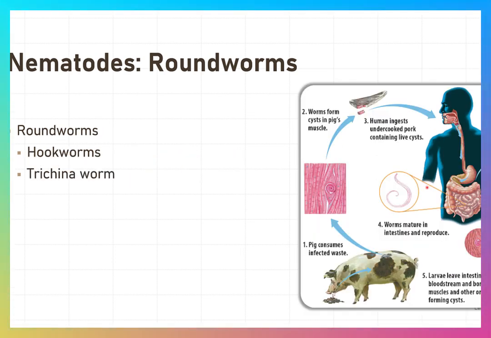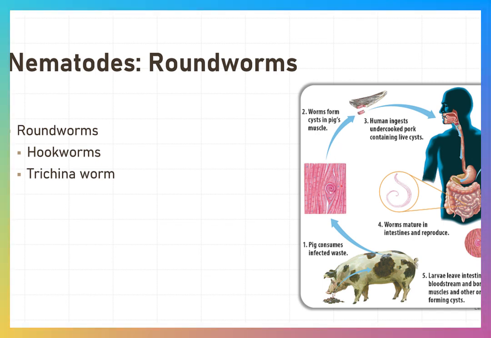Another roundworm is called the trichina, which causes a disease called trichinosis. This is a very similar problem. The pig takes in the infected waste that has the trichina in it, and this pig's muscle is infested with a cyst from this worm.